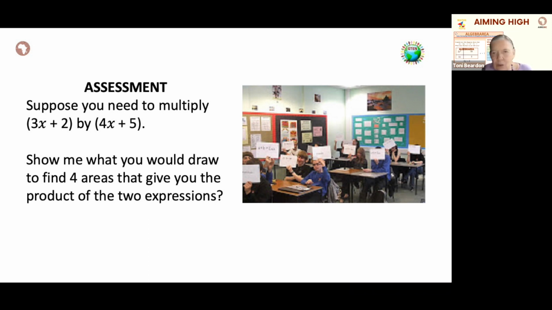This is quite a small group of children, but I've seen this done with a class of 80 or 90 children packed into a room, and everybody is holding up their showboard to show their answer. A typical way of teaching is for the teacher to ask a question and expect the children to put up their hands if they know the answer. And some children put up their hands and others don't.